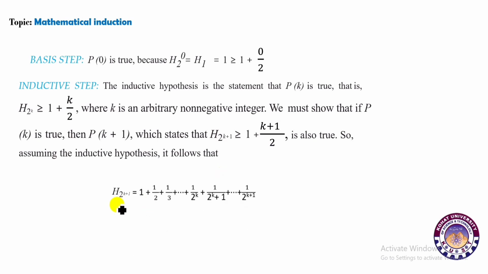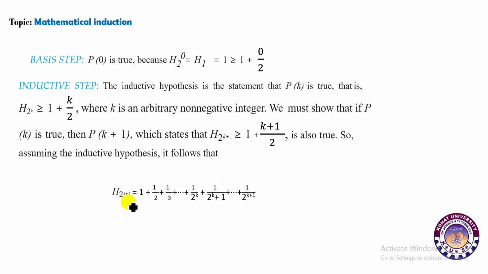Here, H subscript 2 raised to the power k plus 1, according to the definition of harmonic number, is equal to 1 plus 1 over 2 plus 1 over 3 plus up to 1 over 2 raised to the power k, plus 1 over 2 raised to the power k plus 1, up to 1 over 2 raised to the power k plus 1.